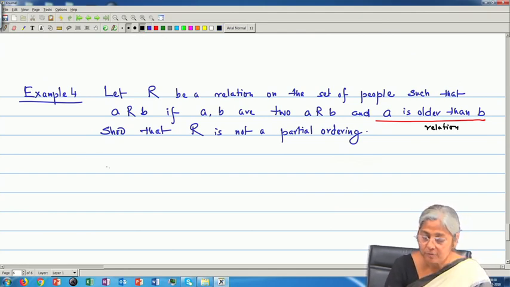Now, we see that the relation is "older than".